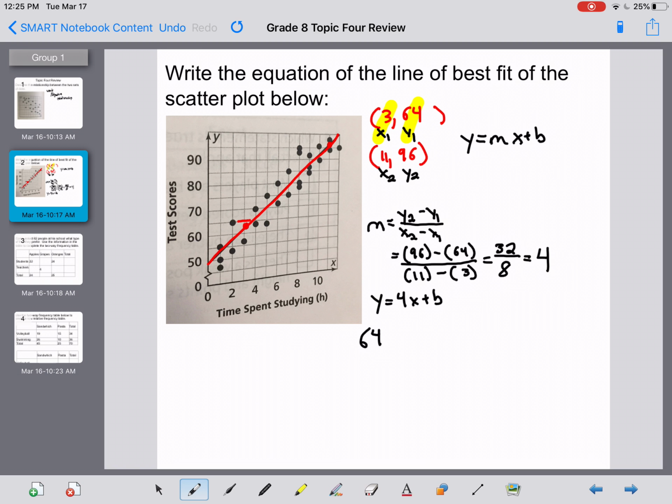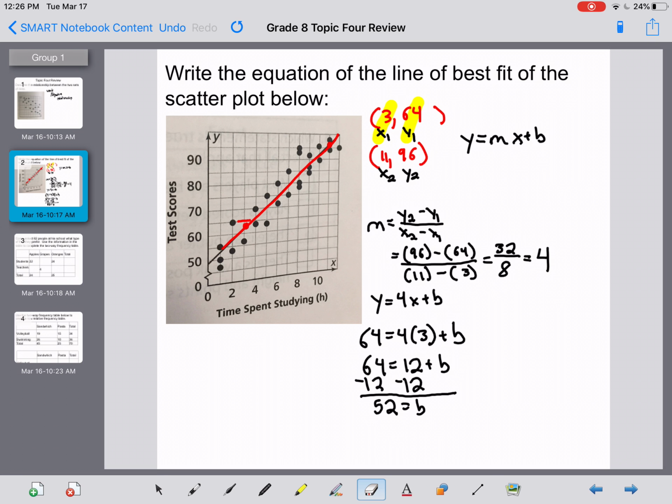So I have 64 equals 4 times 3 plus b. 64 equals 4 times 3 is 12 plus b. To solve for b, I subtract 12 from both sides. 64 minus 12 is 52 equals b.